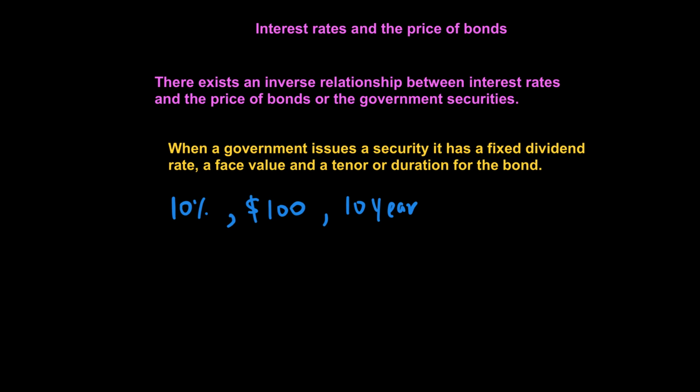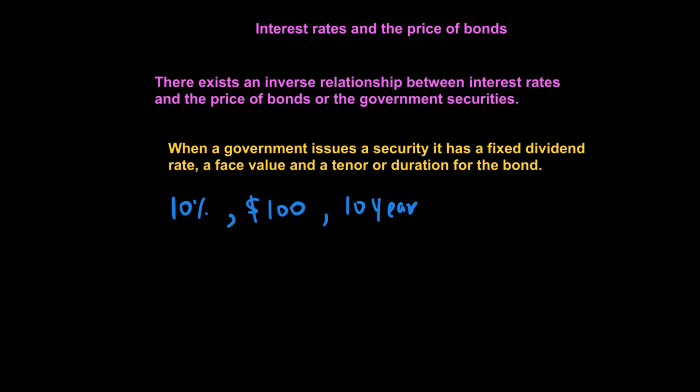So if there is a fixed dividend rate, this means every year, for example if you buy a $100 bond, you will get 10%, which is $10 every year for the next 10 years, and at the end of the 10 years you will get your principal back.